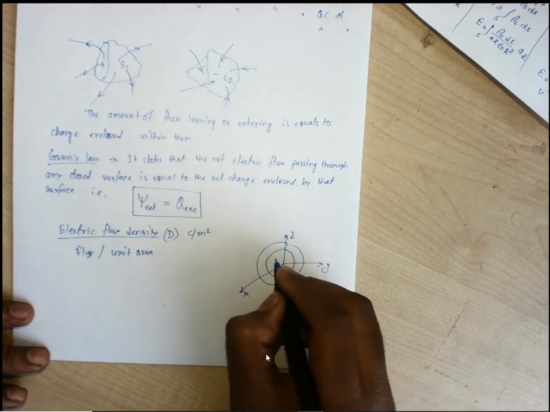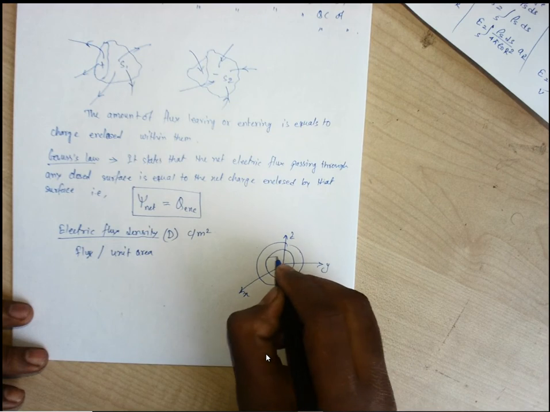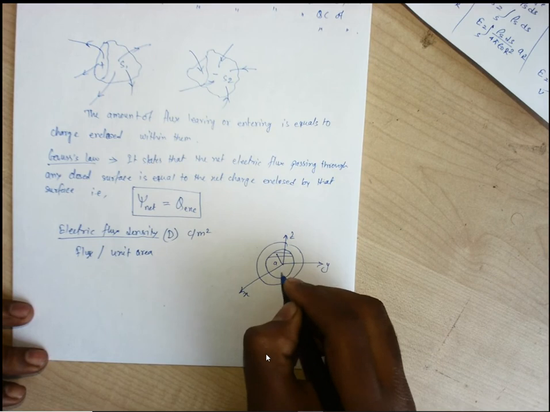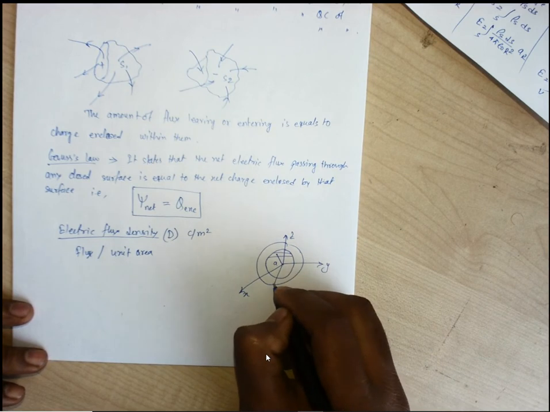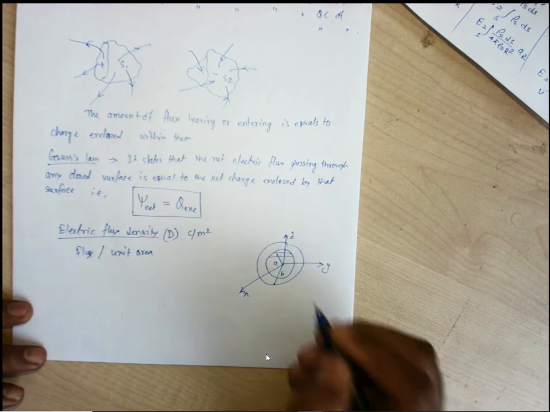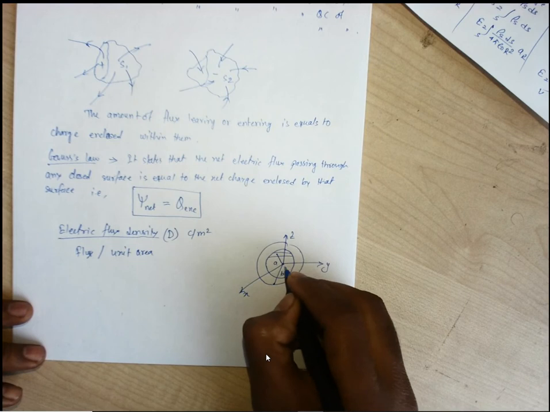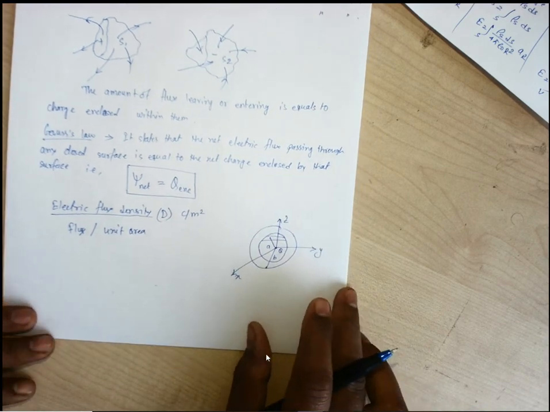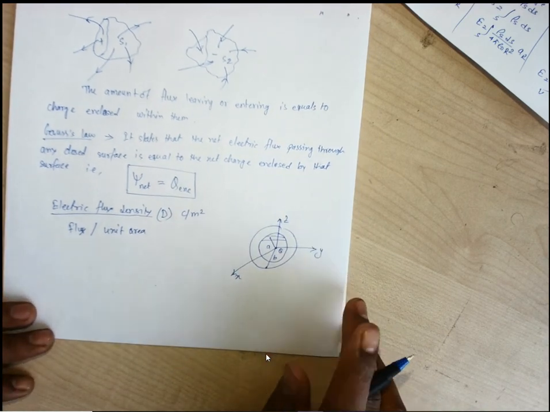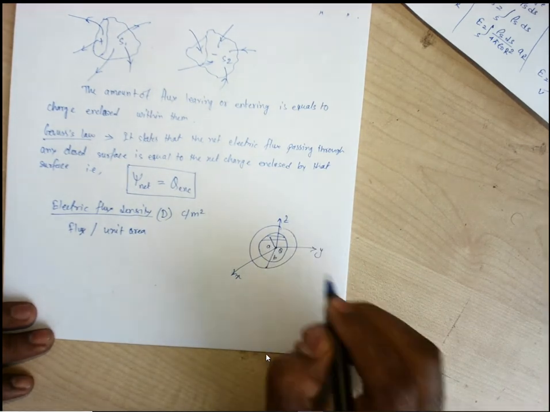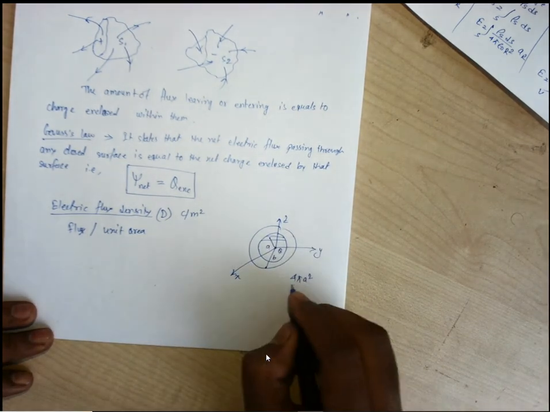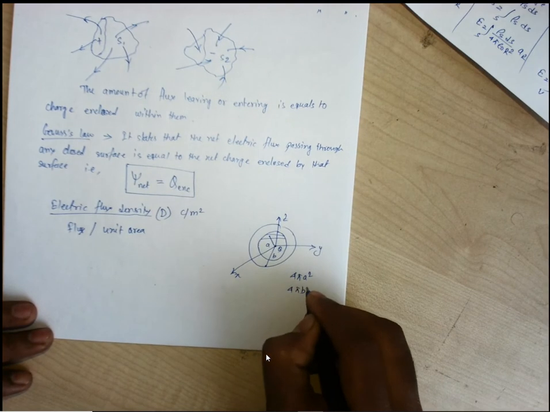It has radius A, and the outer radius is B. We suppose we have the charge at the origin. So obviously we know the surface area: for the radius A it is 4 pi A square, and for the radius B it is 4 pi B square.